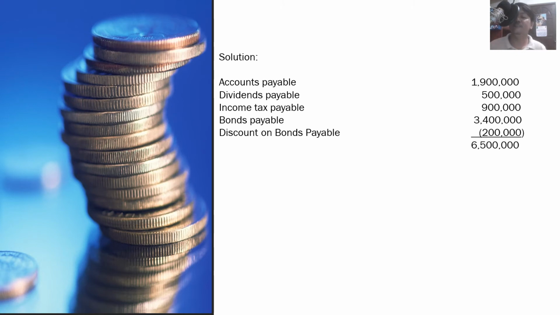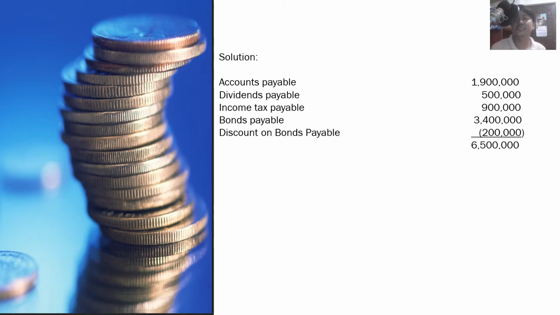Okay, so only the following are included sa ating current liability. Accounts payable of 1.9 million, dividends payable of 500,000, income tax payable of 900,000, bonds payable of 3.4 million, and its related discount 200,000, pero it is a contra account.